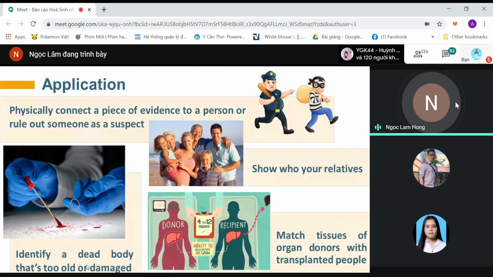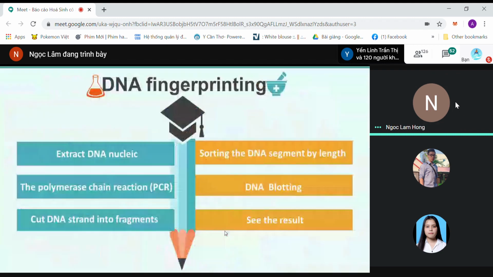And the applications are to physically connect a piece of evidence to a person or rule out someone as a suspect, show who your relatives are, identify a dead body that is too old or damaged, and match tissues of an organ donor with transplanted people. And as you can see, this has a total of 6 steps.